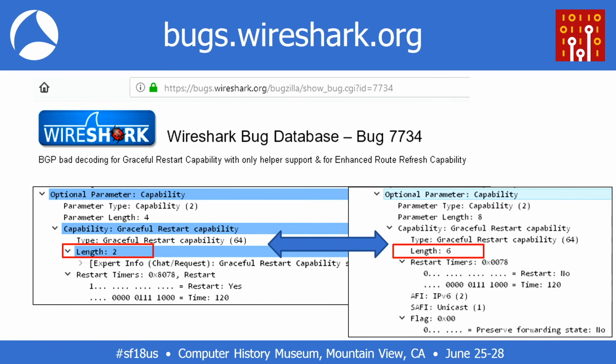And this flag here, preserve forwarding state. Wireshark tells you: graceful restart capability, expert info. All things in brackets are from Wireshark, the information, the expert system. But you should become an expert too. I think so.